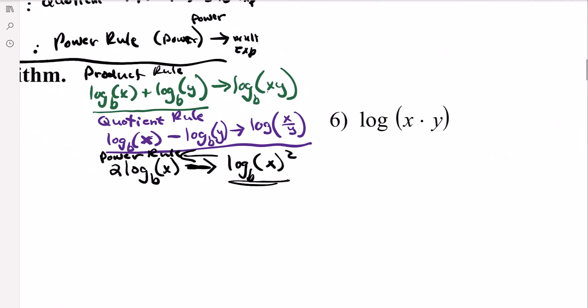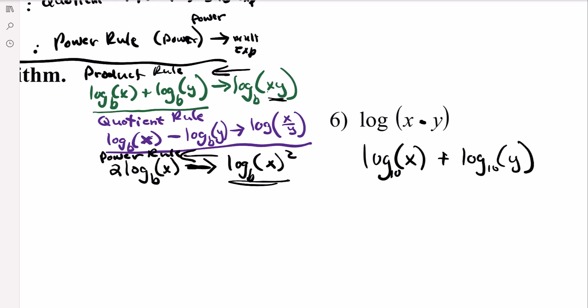So right here, you've got 2 parts of an argument multiplied. Well, that's what we have here. So if we work backwards, you separate those two into 2 separate logs. So this becomes log x. Remember that invisible, there's not a base. It means that for log, the invisible base is 10. So this is called expanding the rules.